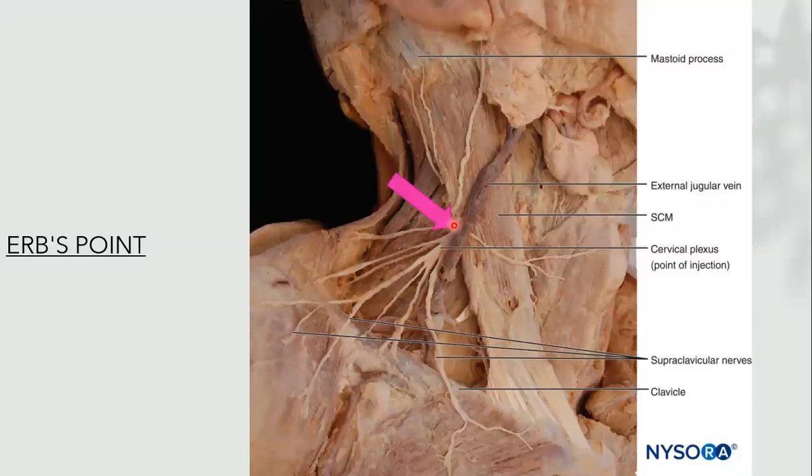So that point from which all these nerves pierce the fascia to become cutaneous and radiate in all directions, that's Erb's point, and that is the point where you want to perform a cervical nerve block. So if you want to perform some surgeries, that is the point you apply the local anesthesia.